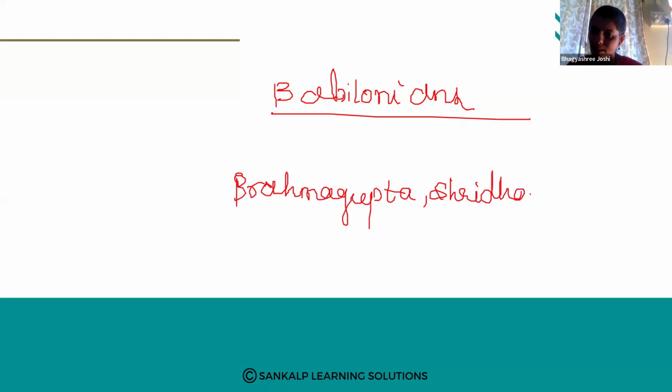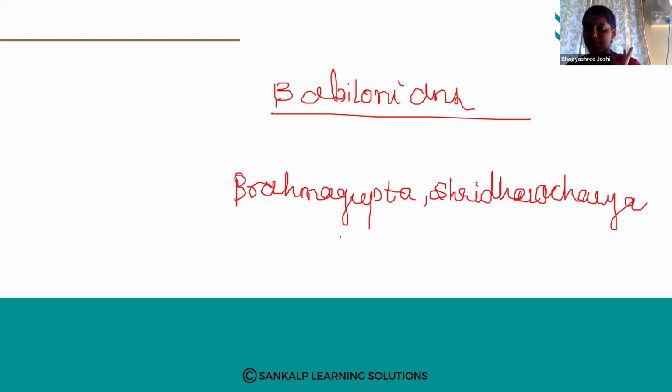So after that, our great Indian mathematicians like Brahmagupta and Sridhar Acharya, right? They gave a formula to solve quadratic equations. Okay, that formula we call as a quadratic formula.